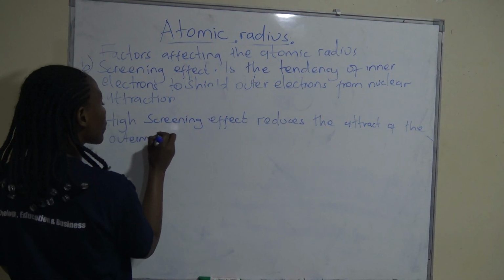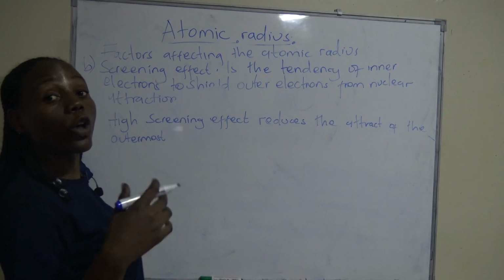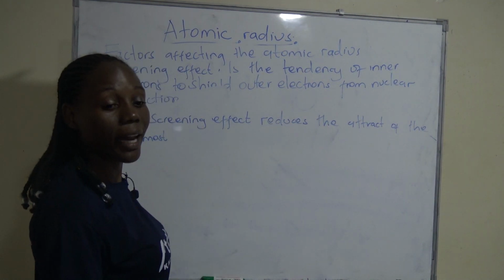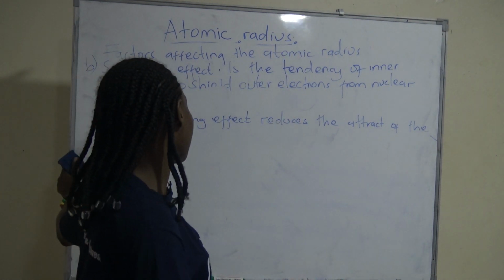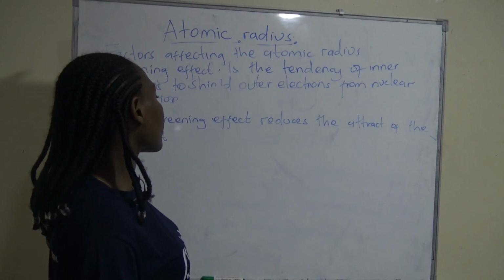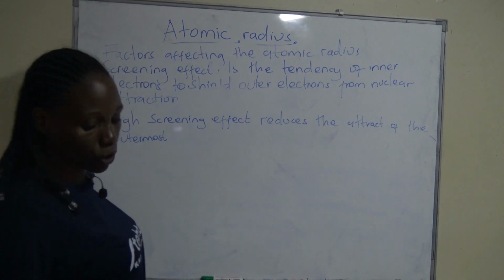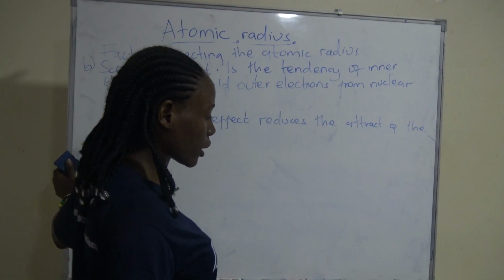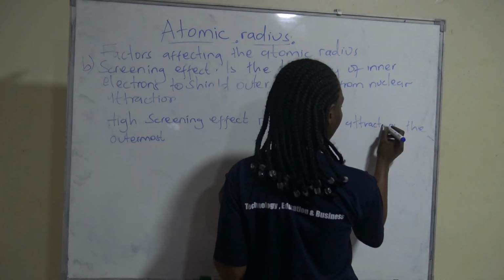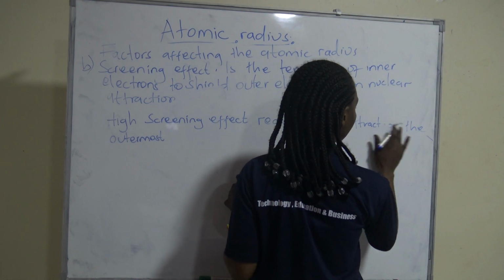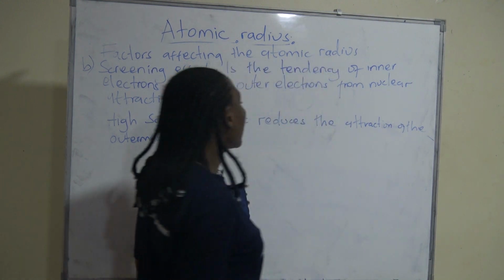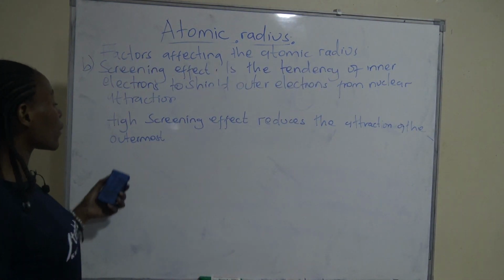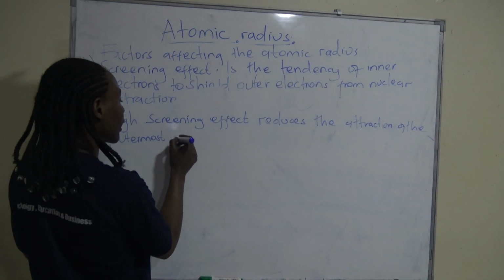When we say outermost, we mean those electrons in the last energy shell. High screening effect reduces the attraction of the outermost electrons.